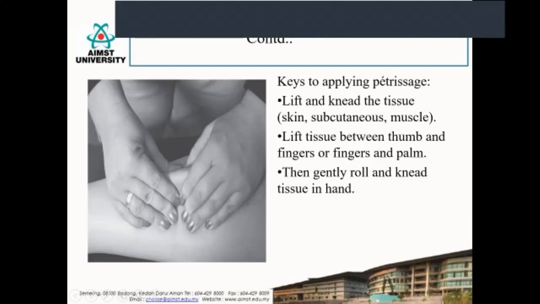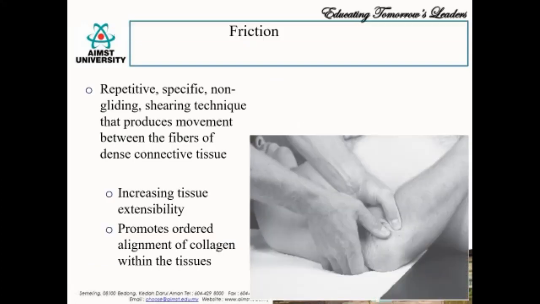This will help you to break the adhesion formed between the skin or the muscle or anything. Okay, so these are the five types of petrissage.